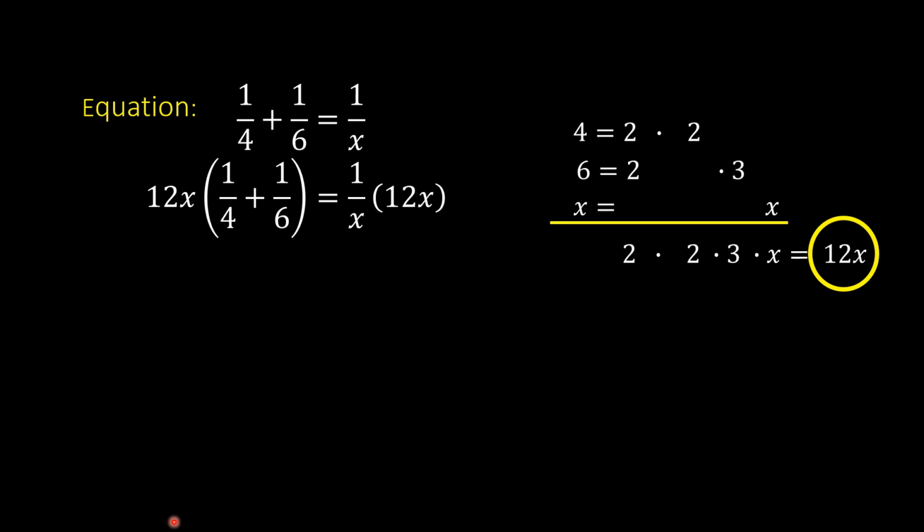So we have 3x plus 2x is equal to 12. This is now equal to 5x is equal to 12.